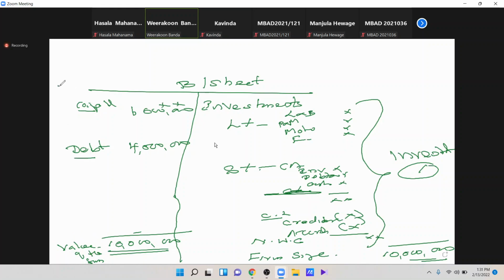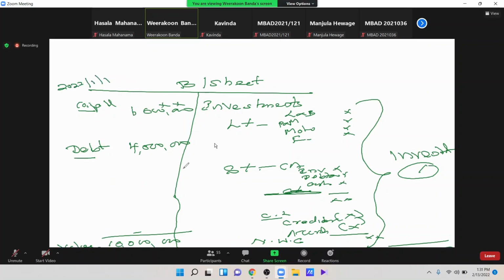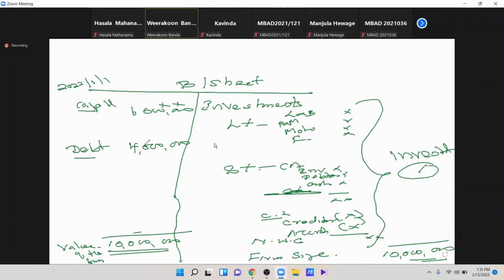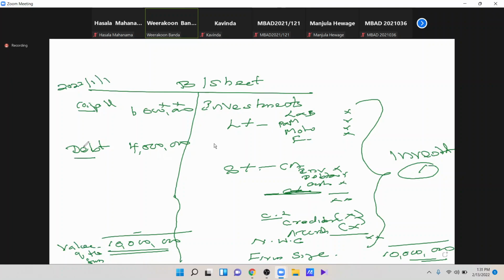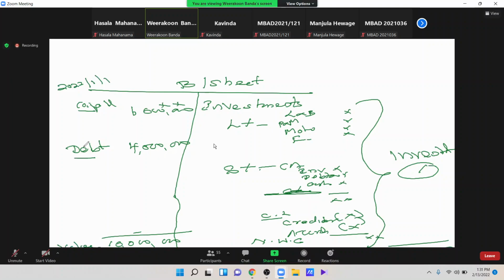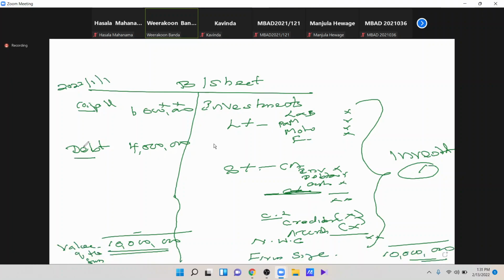If you have invested now, on 1st January 2022, this amount of capital, your own capital of 6 million rupees, and you have raised 4 million rupees of debt capital, then after a 1 year period, do you expect the same value or more than that? Every time you expect more than that.